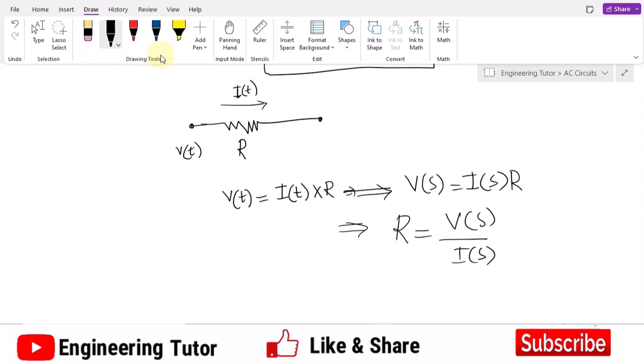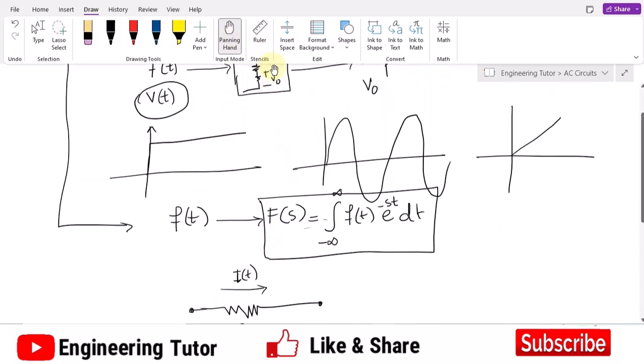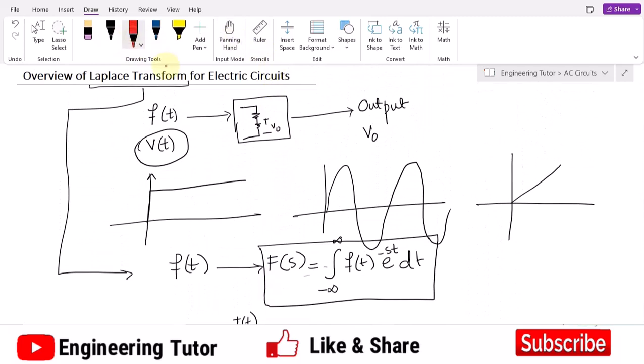Similarly, in order to see the values of different functions in the Laplace transform, that is basically the unit step function which has a value 1 throughout. So u of t, which is 1 throughout, will have the Laplace transform 1 by s, which you can confirm from your tables.